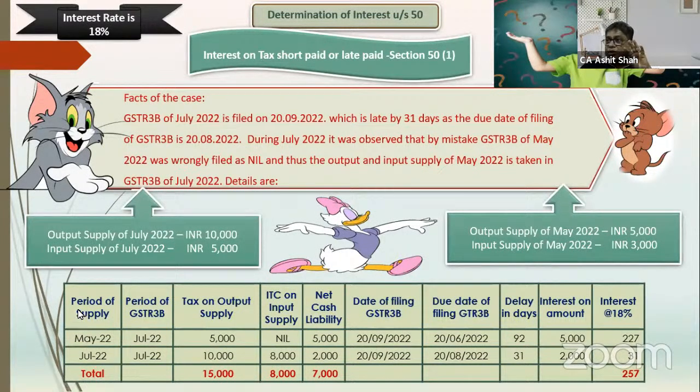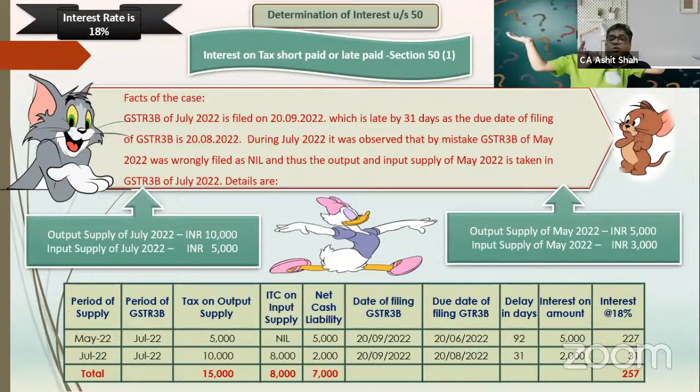Now how to calculate the interest liability, in that we are interested. Now we have to calculate the liability because this output tax liability of May 2022 was not disclosed. So how will we calculate that liability? Now period of supply is May 22. Period of return of GST 3B we are disclosing in July 22. My tax on output supply would be 5,000.